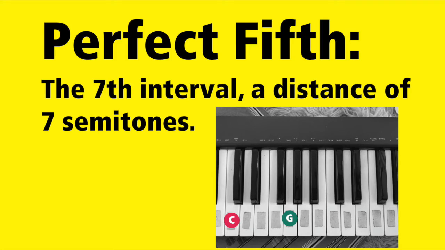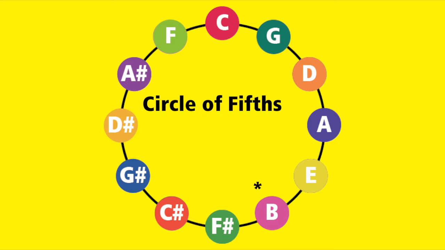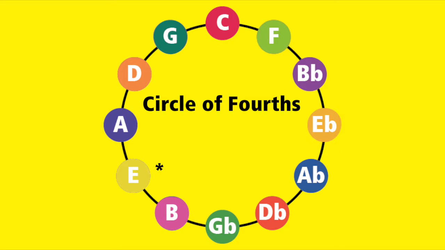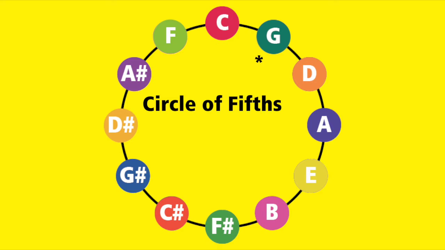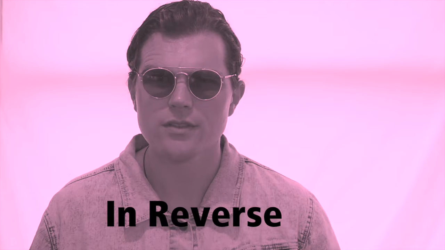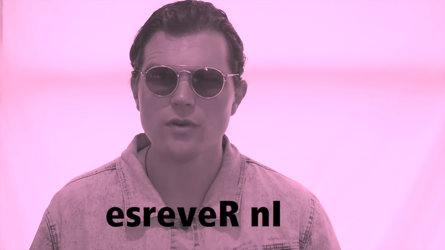What if we go up 7 notes? That's a perfect fifth. And you've probably heard of the circle of fifths. It's the mirror image of the circle of fourths. Those same notes in that same pattern, if you just go the other way around, give you the circle of fifths. So fifths are just fourths in reverse. Yes.